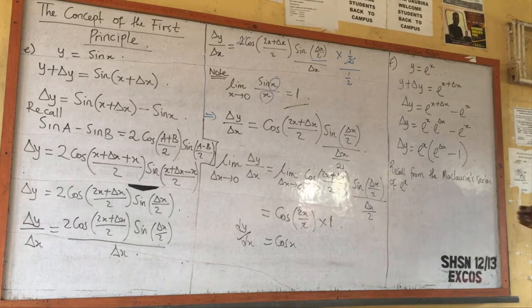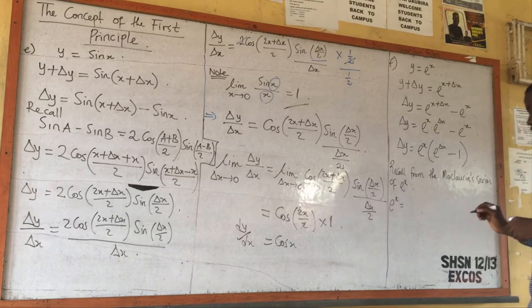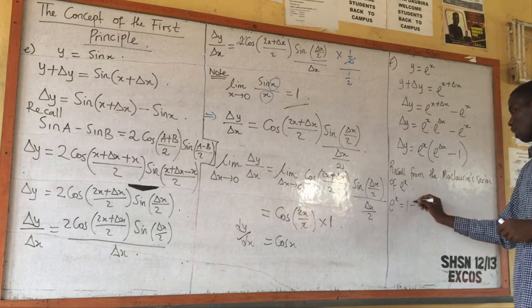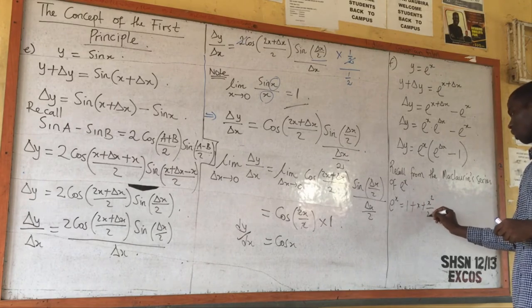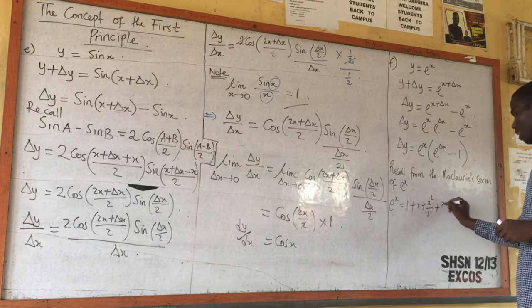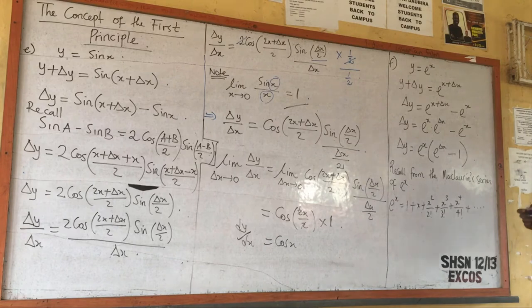Exponential s is actually equal to 1 plus s plus s squared over 2 factorial plus s cubed over 3 factorial plus s to the 4 over 4 factorial, and it goes on like that.